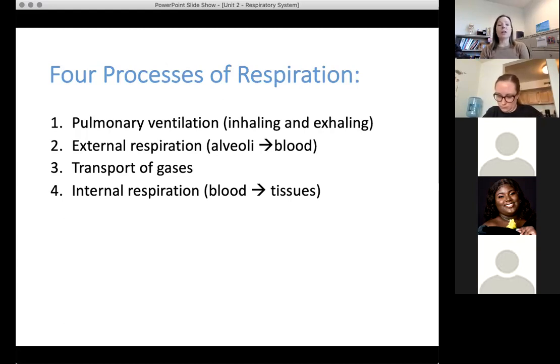Then there's two types of respiration, which is really gas exchange. There's first external respiration, which is the movement of oxygen from the lungs into the blood.